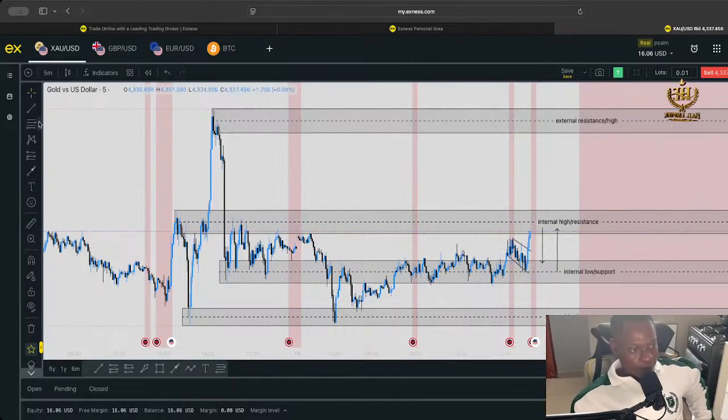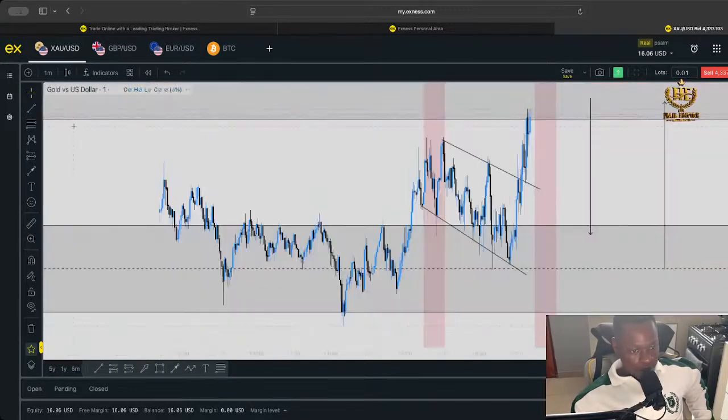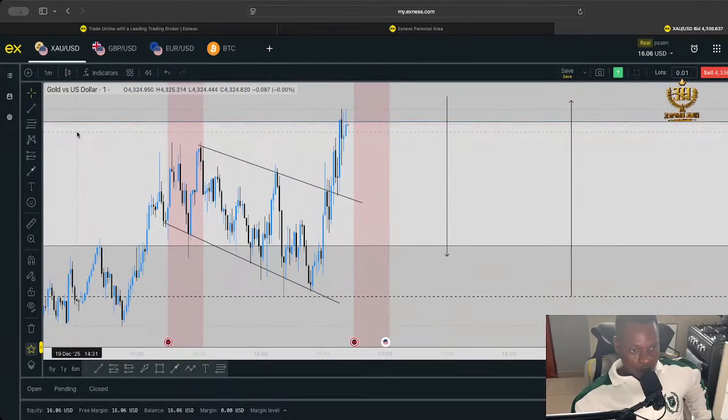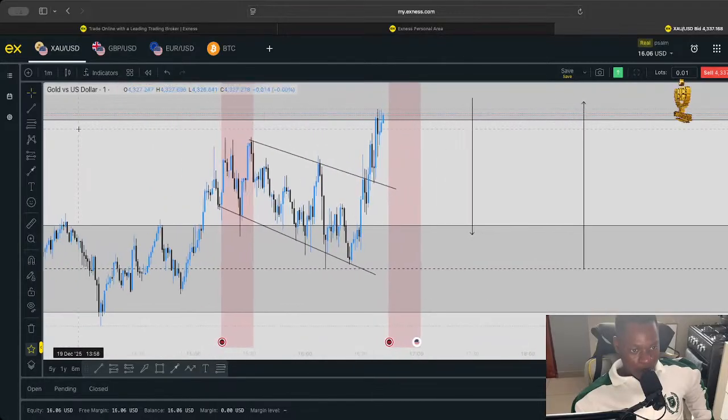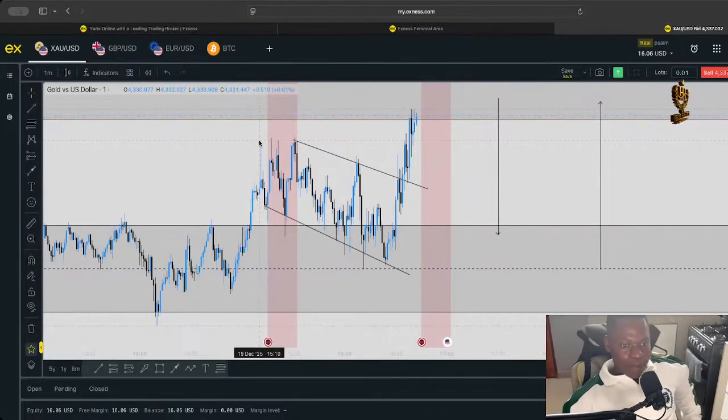So there's a 5 minutes time frame now. We are in a 5 minutes time frame. Let's see the 1 minute time frame. It keeps on failing to buy from that level, so we might see a drop.